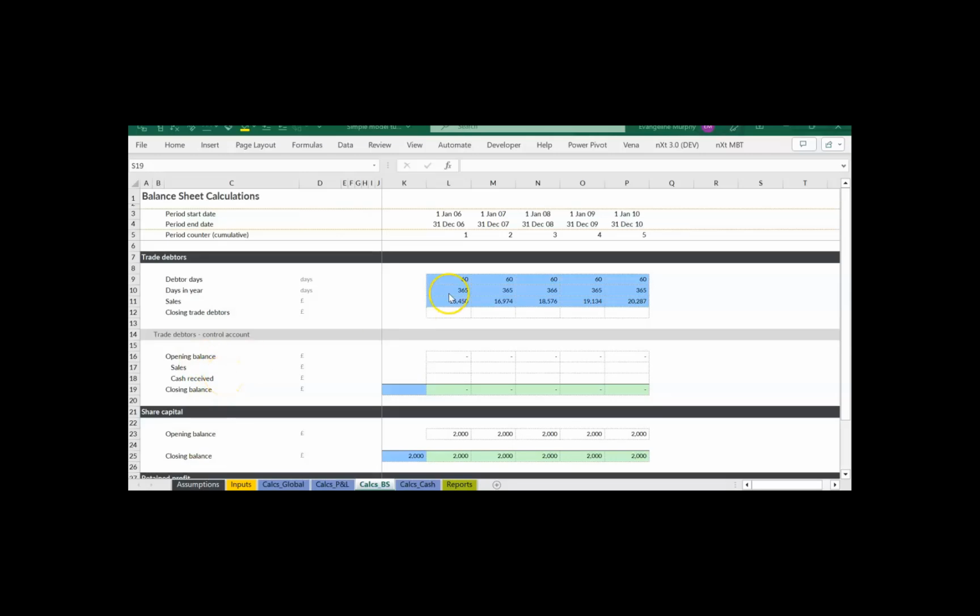In the blue cells here, we have brought through the debtor days input, days in year, and the sales value. The closing trade debtors figure is then the revenue multiplied by debtor days and divided by days in year.